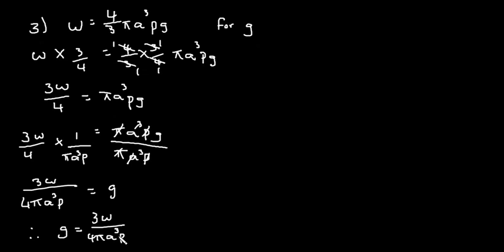Good. And we will go on to the next question. The next question we have is h is equal to 2 gamma cos theta divided by r rho g.